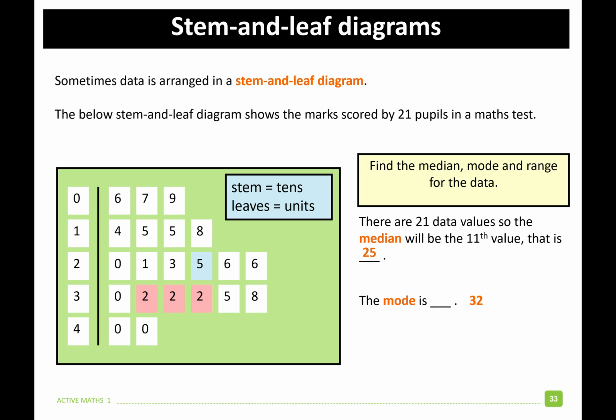Our maximum value is 40 and our minimum value is 6. The range is 40 minus 6. This gives us 34. This value is quite big, so we can see that the spread of the data is quite large, i.e. we have very small values and very big values.